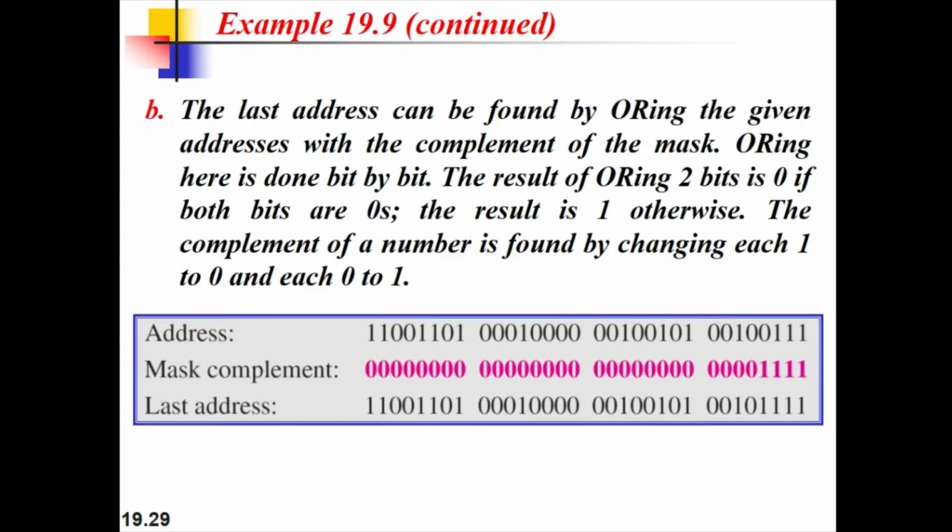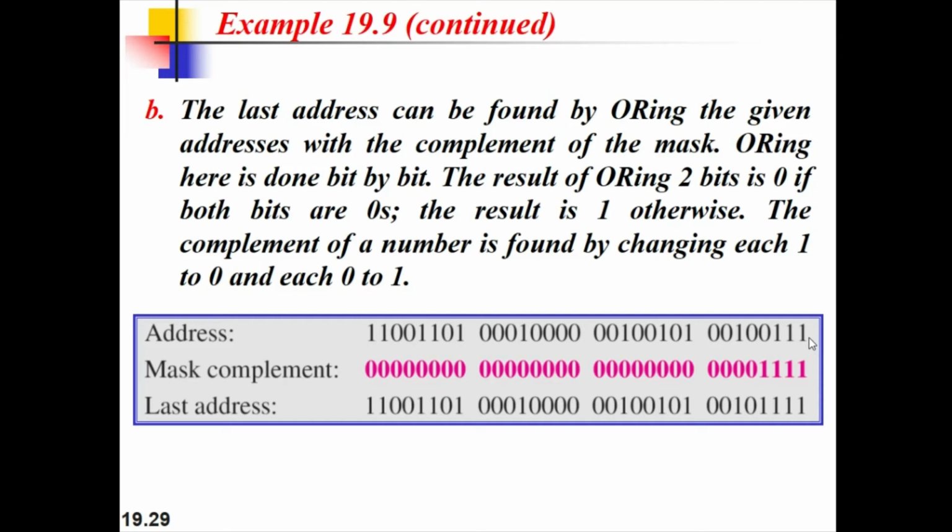Okay. To find the last IP address, you can use the ORing operation. So you get the IP address, change to the binary notation, and then the mask complement. The mask is 28, so find the complement of 28. Mask complement means 1 changes to 0 and 0 changes to 1, and then you do the ORing operation.